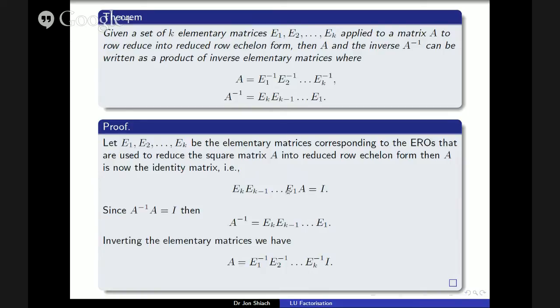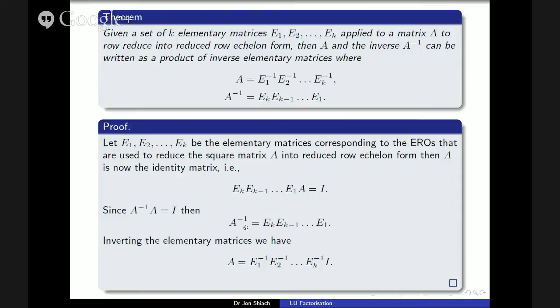So if I apply the first row operation to A, then apply the second, and Ek is the last row operation, by definition that would give me the identity matrix. Well, since the inverse of A times A is the identity matrix, then all of these, which I've multiplied by A, should be A inverse. So that sort of proves the second one.